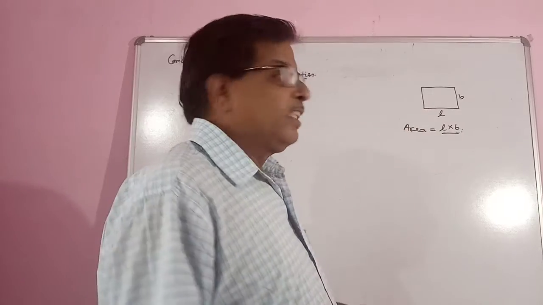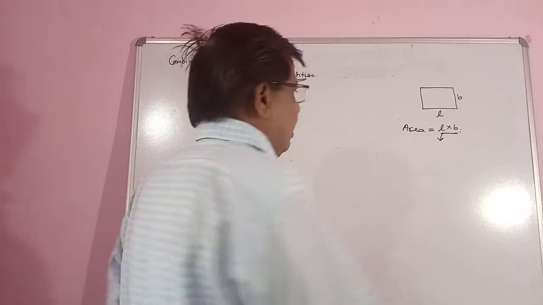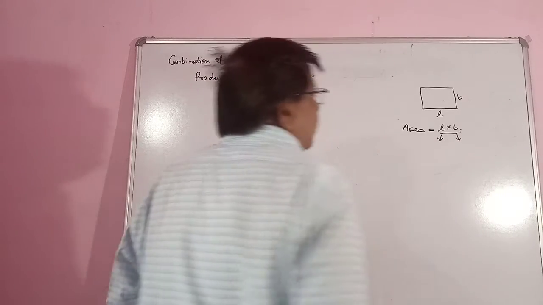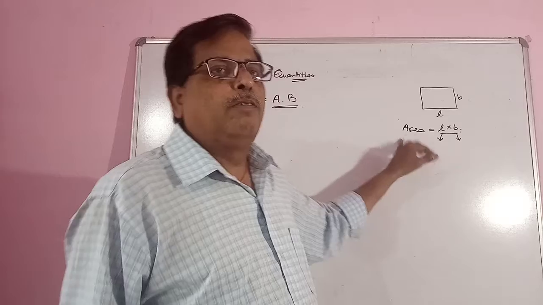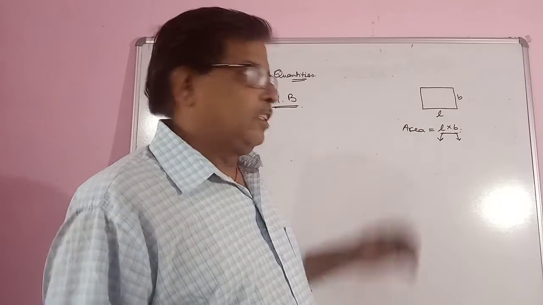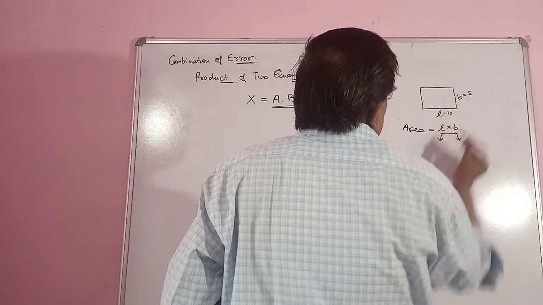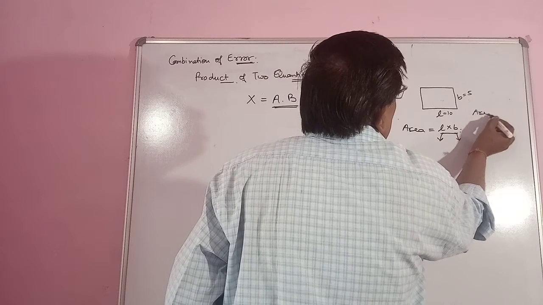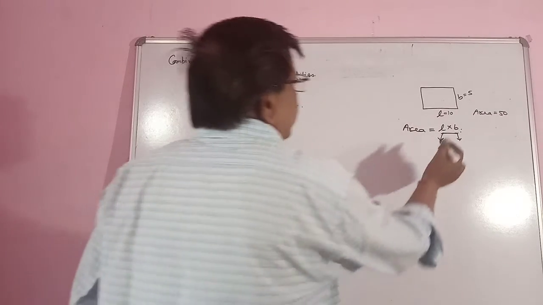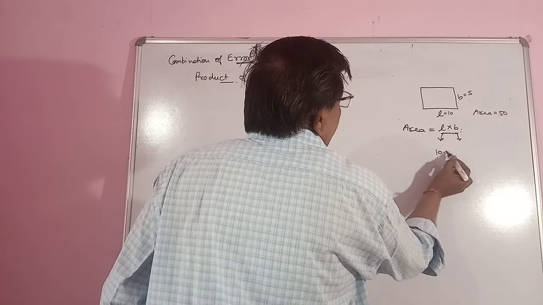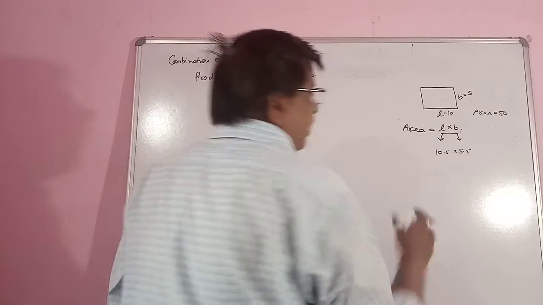if a person is making some error in measuring L as well as in measuring B, then definitely the area calculated will be different. Suppose L equal to 10, B equal to 5, area equal to 50. But suppose some person is measuring 10.5 and here 5.5, the area is different.